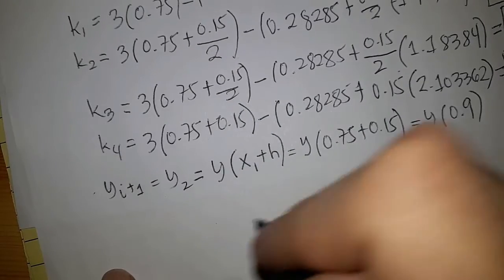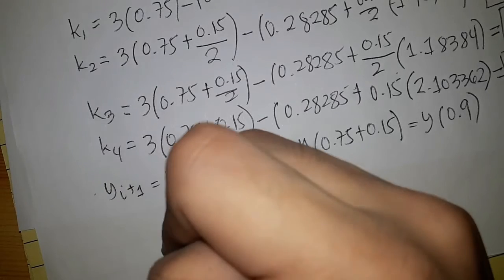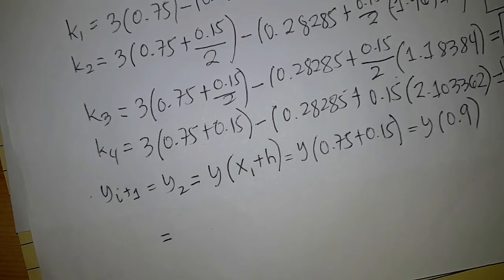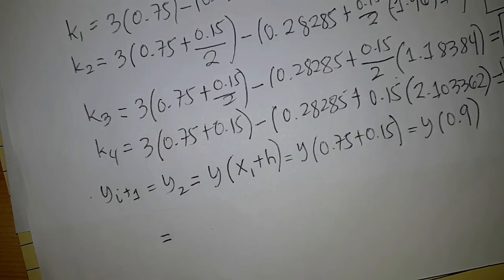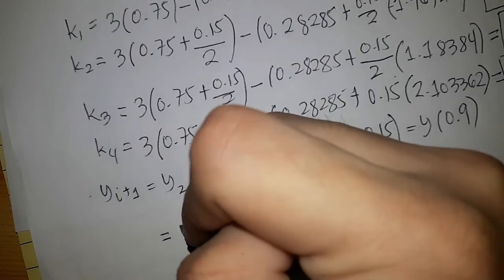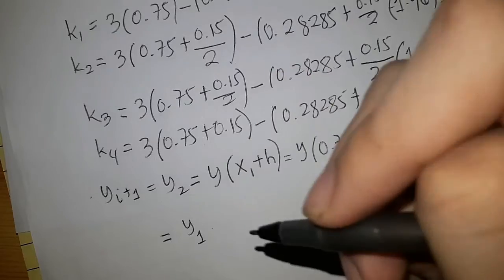So to solve this one, let us just use the formula that we used earlier in solving the value of y sub 0, but this time we are going to substitute different values of k1, k2, k3, k4, and y sub 1.